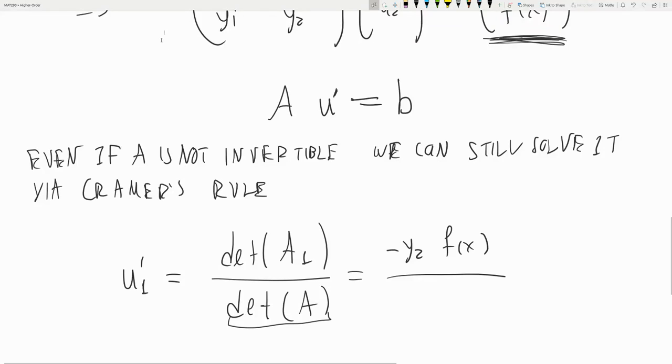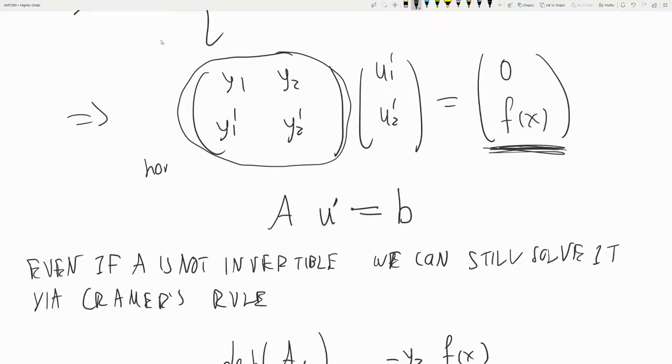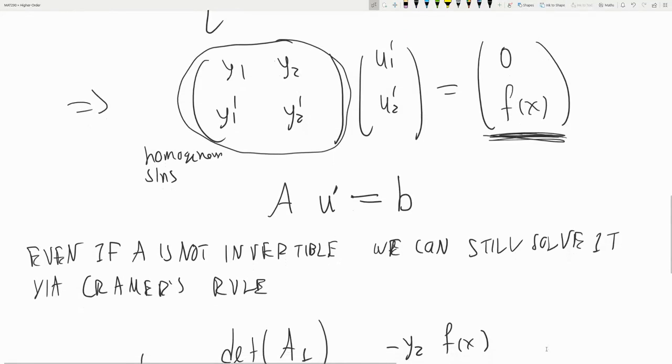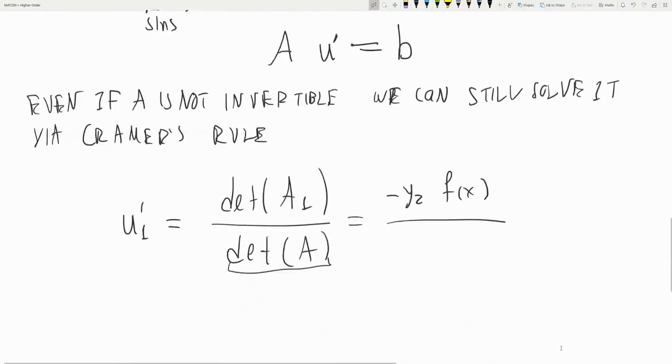So let's go up. These are homogeneous solutions, right? And so the determinant of that matrix was just the Wronskian from section 3.1.